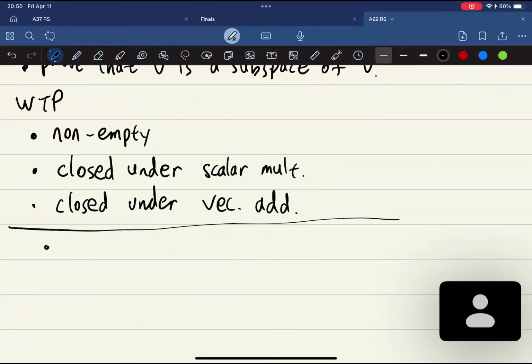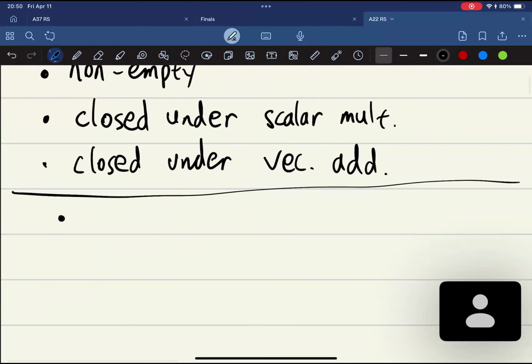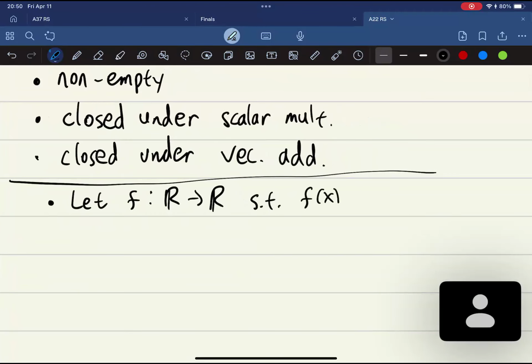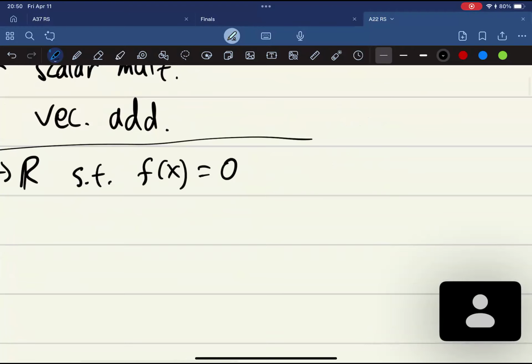So with the first point, we'll let f be a real valued function such that f of x is equal to 0 for all real numbers x.